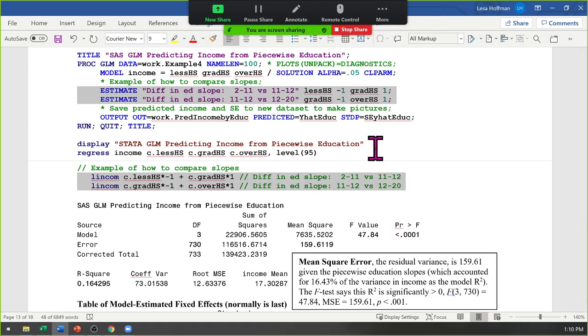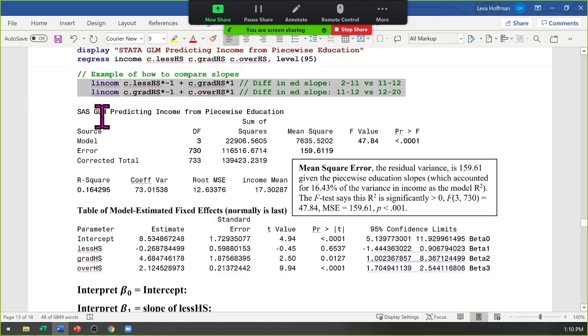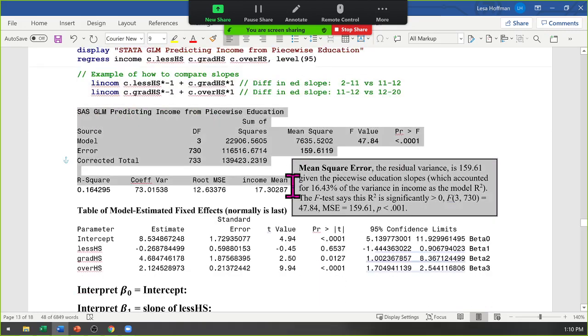Okay, are you ready to see the results? Yeah, all right. First thing, right here, this much. In English, as much as possible, what do all these numbers tell me? Why would I stop at this table and look at it?